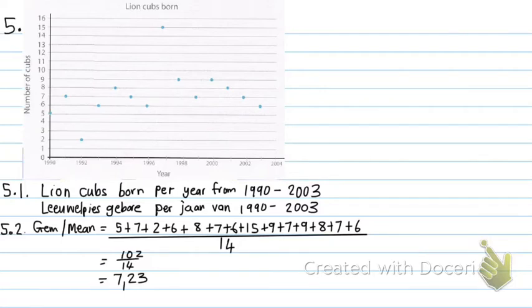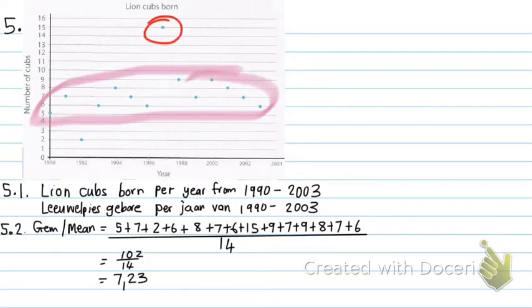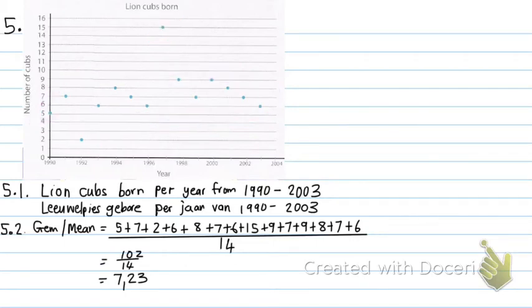Okay, number 5.3. Can you give a possible reason for the outliers? So the outliers, guys, I can see clearly that the data is all in this group, but there are 2 that are out of the group. That is outliers. So I have to find a reason for the outliers. This can be your own reason. You can find any valid reason that you can think of.